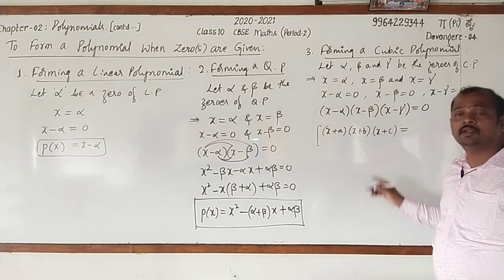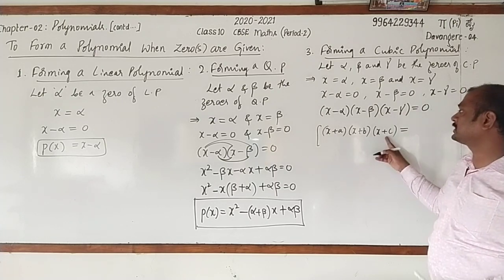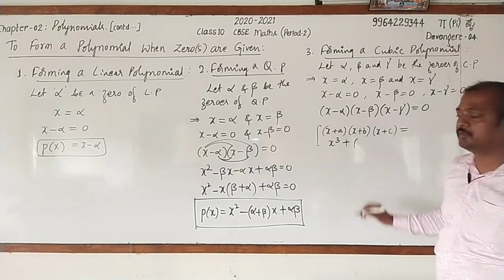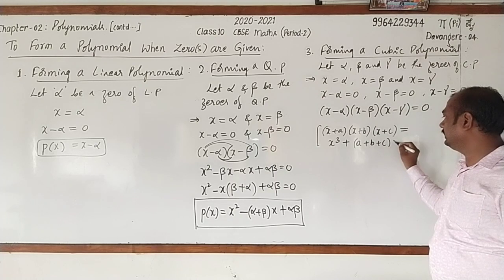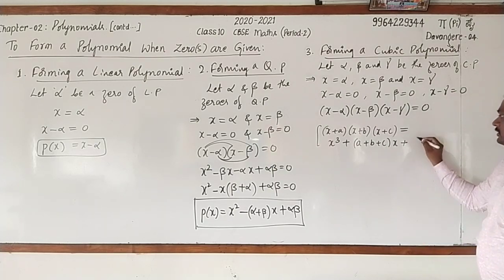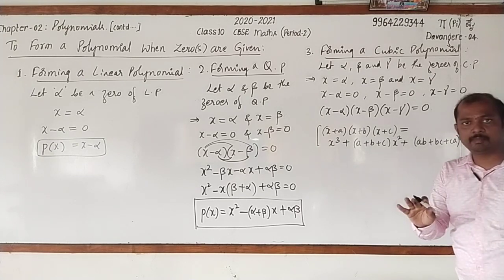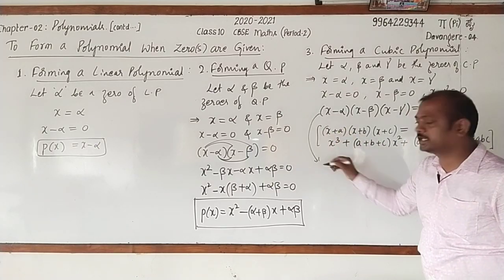Last year you had learnt about identities: x plus a into x plus b into x plus c is x cube plus of a plus b plus c into x square, plus ab plus bc plus ca into x, plus abc. Do you all remember? Based on this, let me explain this.